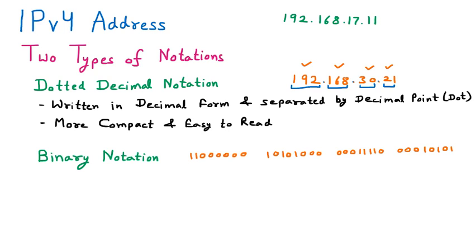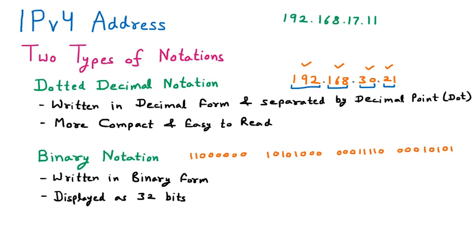So here we have the binary notation, which is written in binary form. In the binary notation, everything is displayed as 32 bits. Here these are 8 bits, then again 8 bits, the third is also 8, and the fourth is also 8.